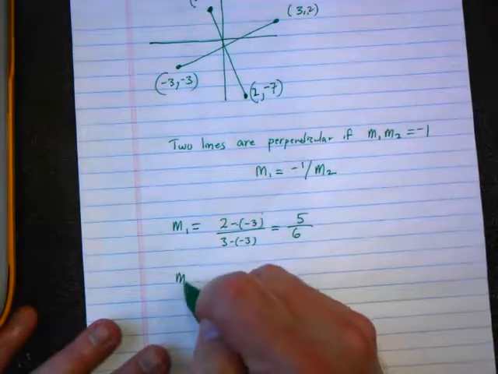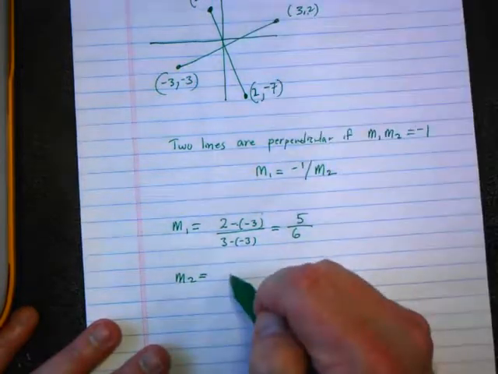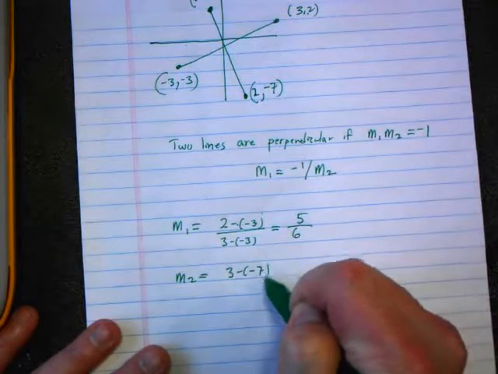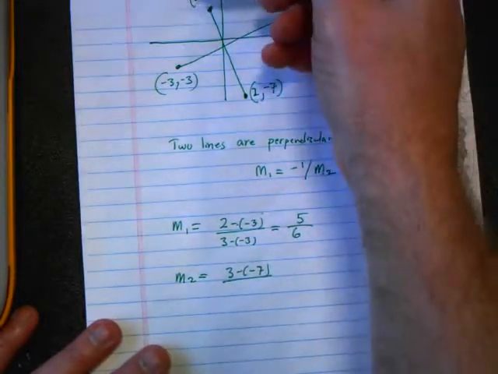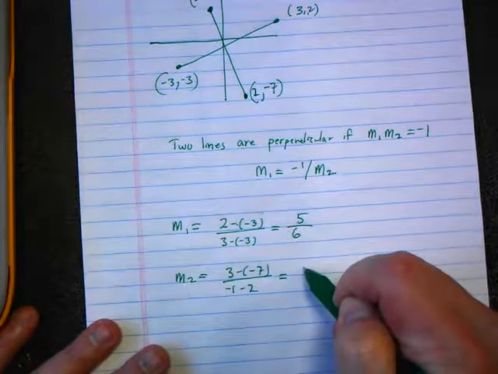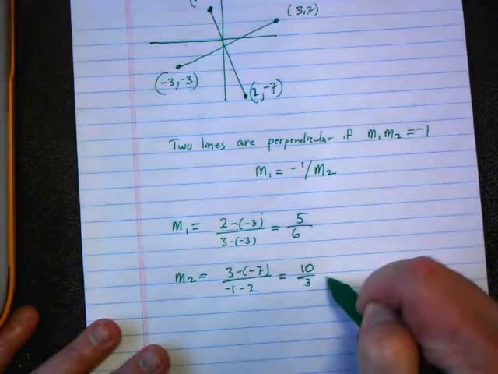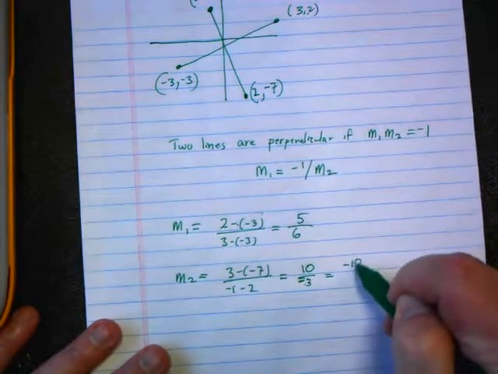M2, on the other hand, is 3 minus -7 over -1 minus 2. That's 10 over -3, or -10/3.